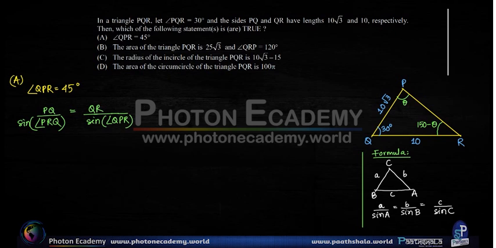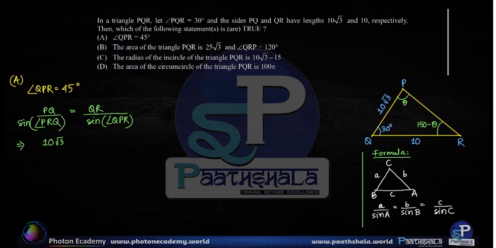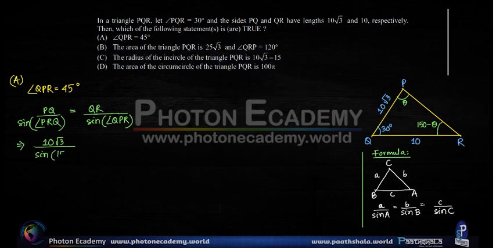PQ is of length 10 root 3 and angle PRQ is taken as 150 minus theta. So sine of 150 minus theta is equal to QR, which is 10, divided by sine of angle QPR, which is theta. So it's sine of theta.